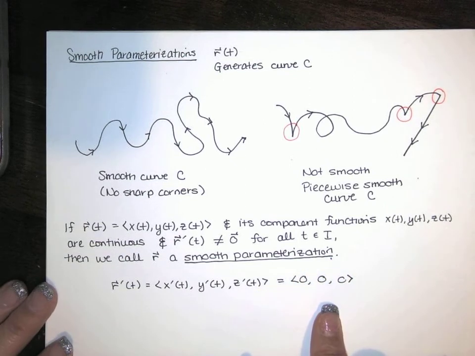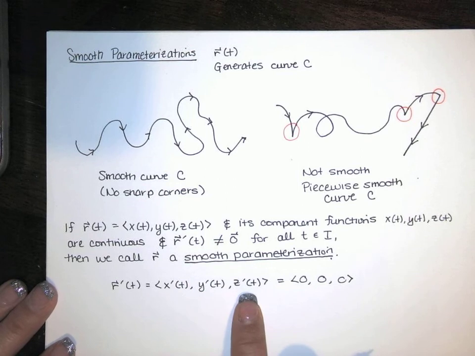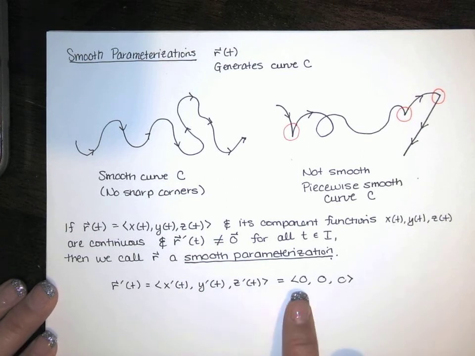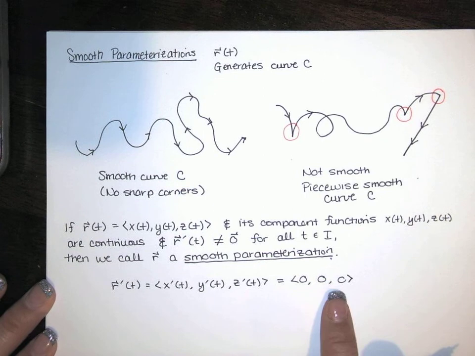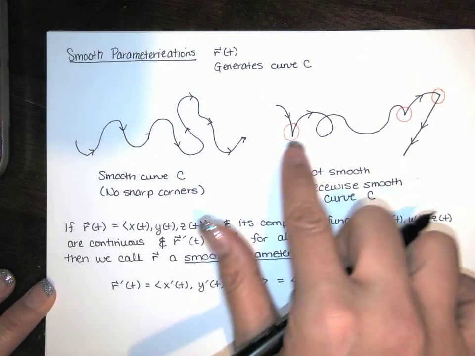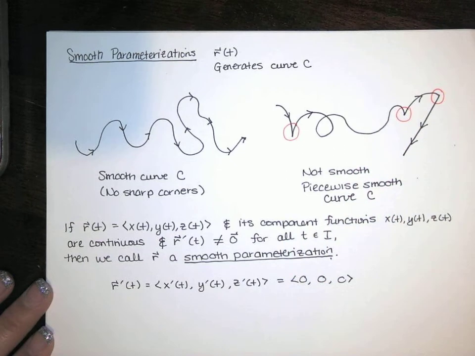So this would be a problem. We'll have an issue if x prime, y prime, and z prime are 0, but get this, they have to be 0 at the same time. If they're all 0 at the same time, you might be looking at something that looks like this. You might have a sharp corner here, or a sharp corner here, or a sharp corner there.